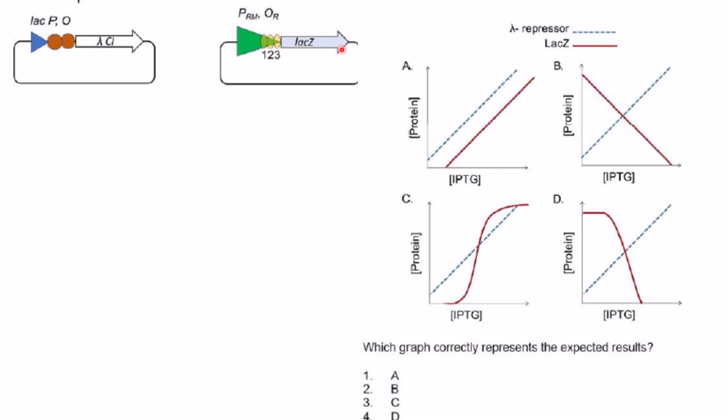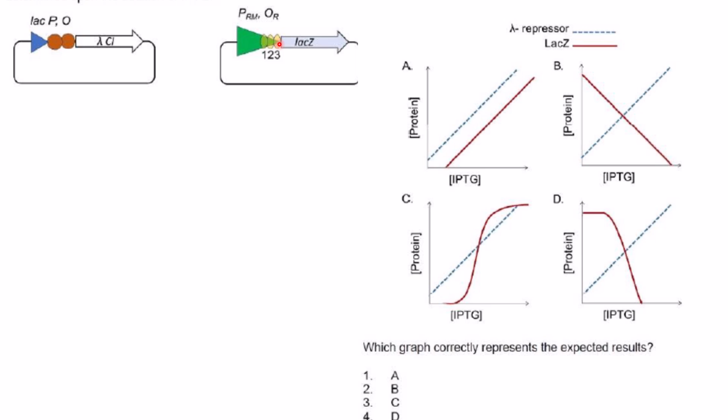Okay, now here this IPTG is resulting in the production of lambda CI. Now CI concentration increases in the cell. It keeps on increasing. So more molecules of CI are available now. So CI also has a tendency, when the concentration of CI is high, to bind to operator 3. It will bind there.